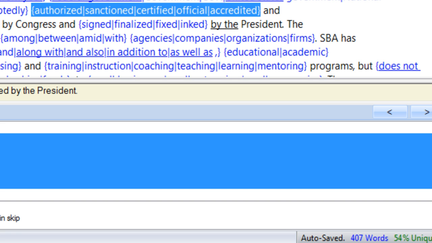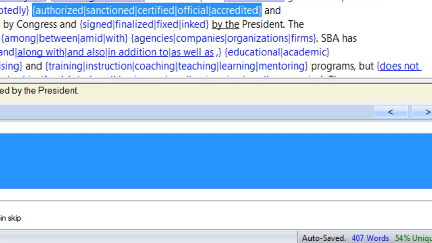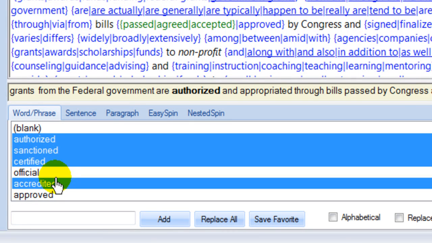Authorized, sanctioned, certified, official, accredited. So certified, possibly; official, that doesn't make sense. Grants from the federal government are official and appropriated.